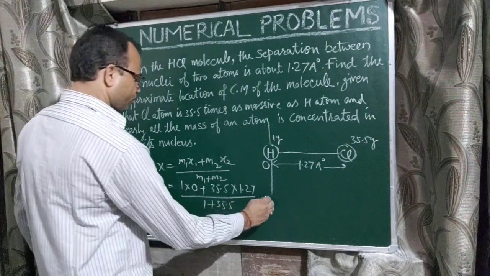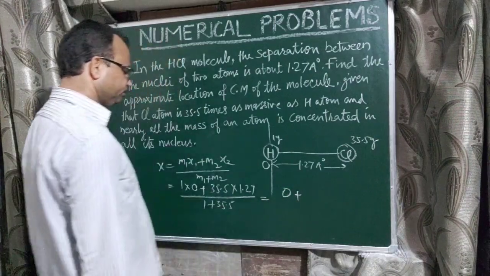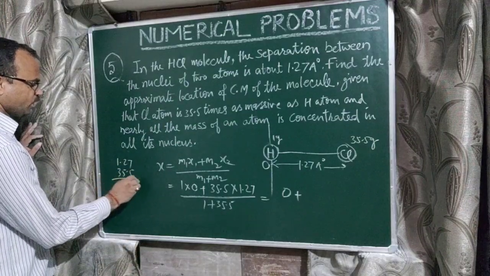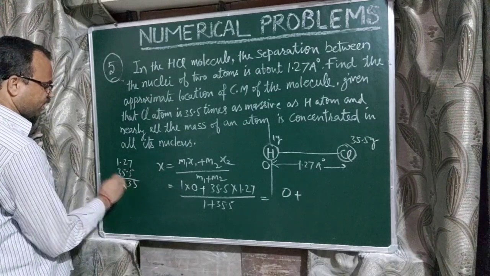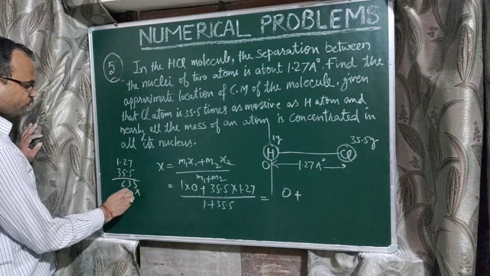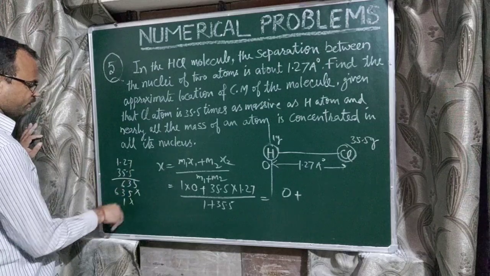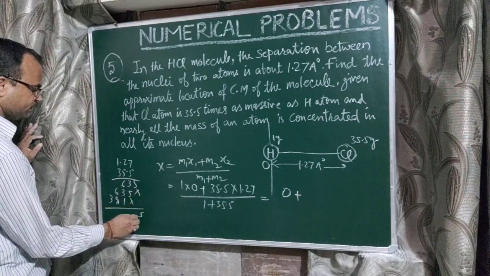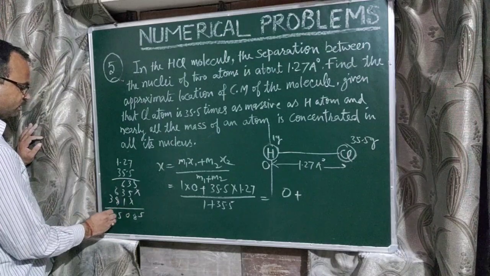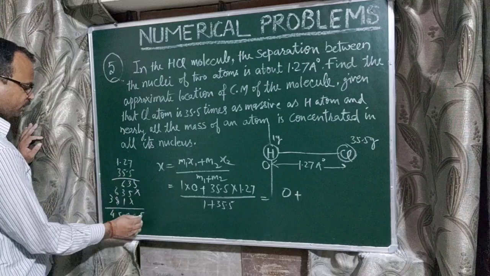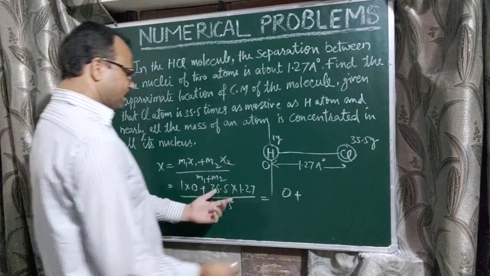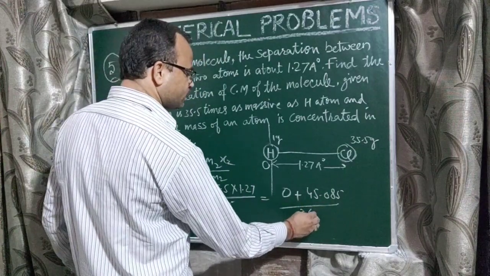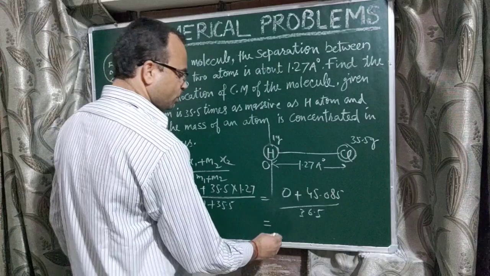So the first term is 0. Now the second term, we multiply 1.27 by 35.5, which gives 45.085, upon 36.5.